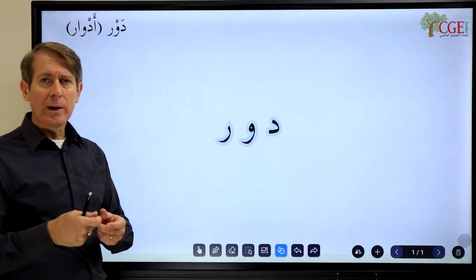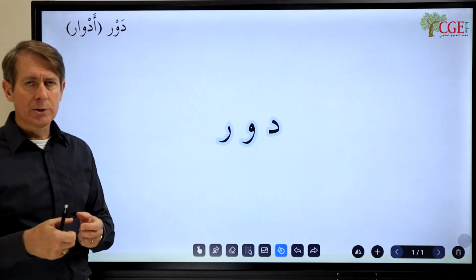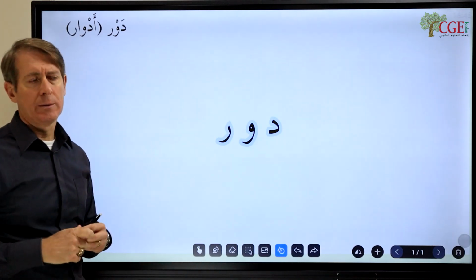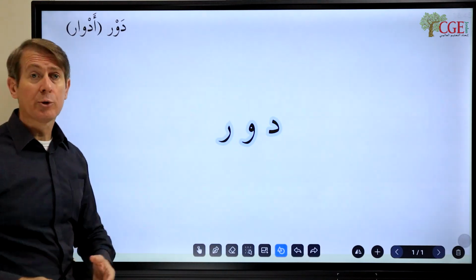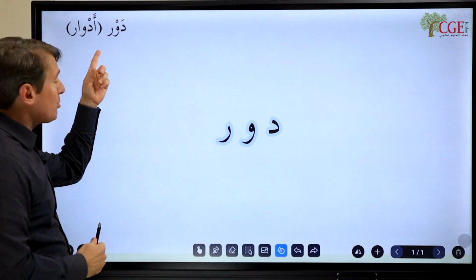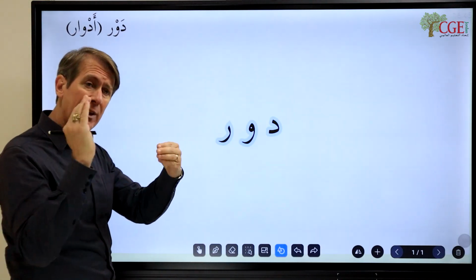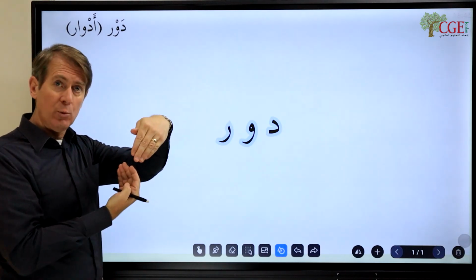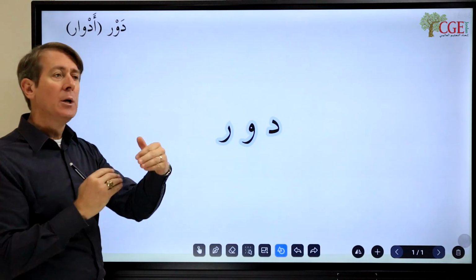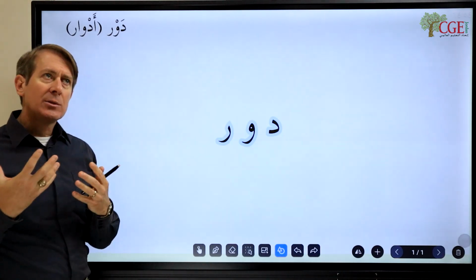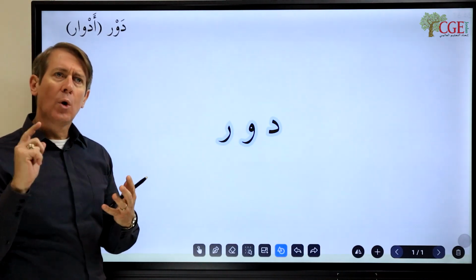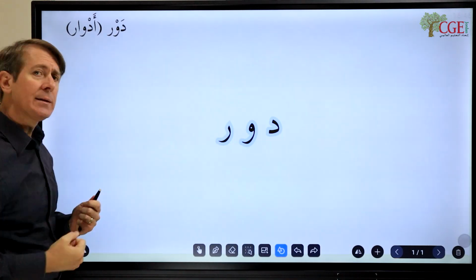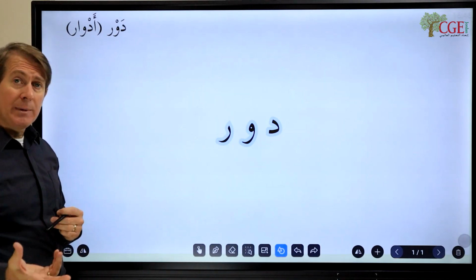So it's like you're waiting on somebody if you're playing shadde, cards, or if it's someone's turn, you say dorak or dorkum, your turn, you all. So you get this idea of a turn, a rotation, if you will, round rotation. So the idea is round or coming around, rotating. That's how we get the meanings.